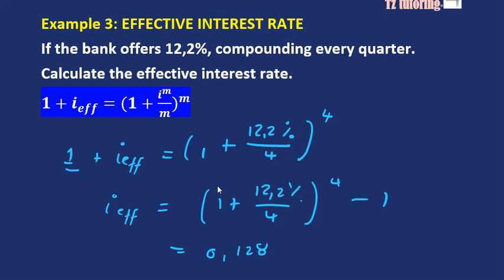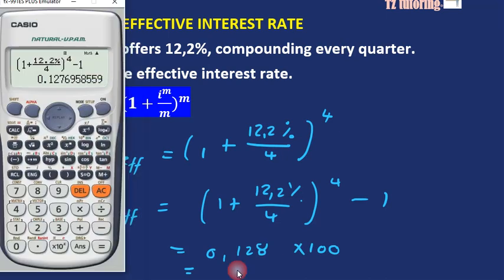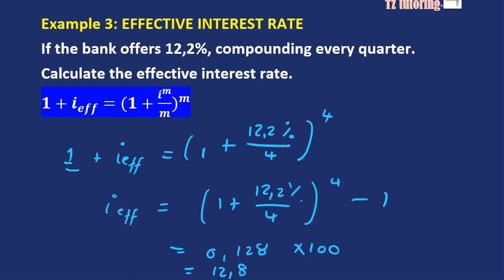That's a decimal, but of course we multiply this by 100 because we want the percentage. So if you multiply by 100, you'll find that your effective interest rate is 12.8%. And of course this is if we round off to 1 decimal place.